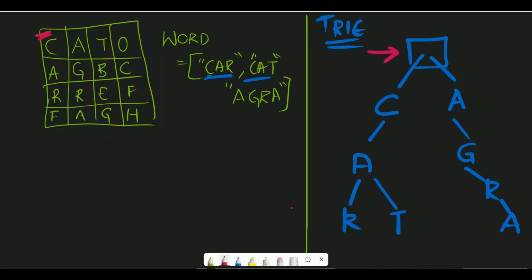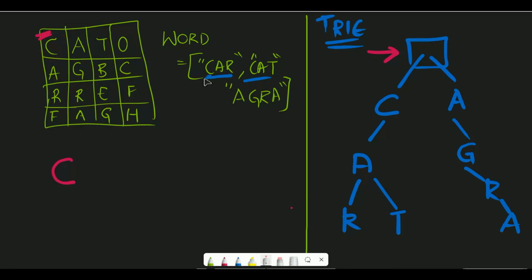So at the first element, I'll go to my C element, and this is the first optimization that I can come up with. I'll just ask this question: is there any element in my word list that starts with C? If it starts with C, then it makes sense to start the exploration from this particular element.